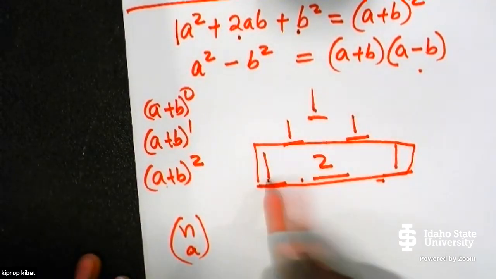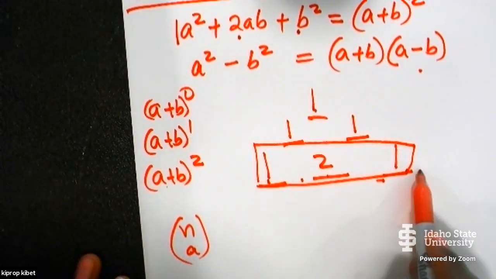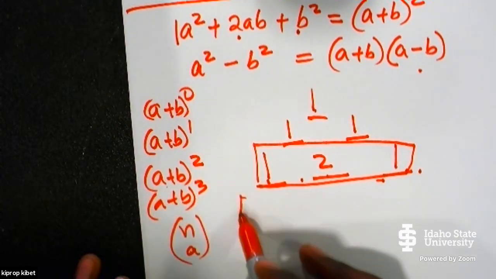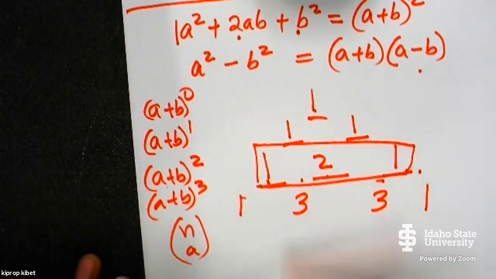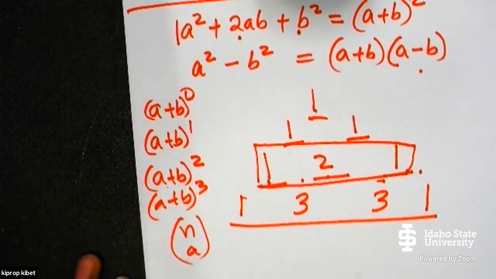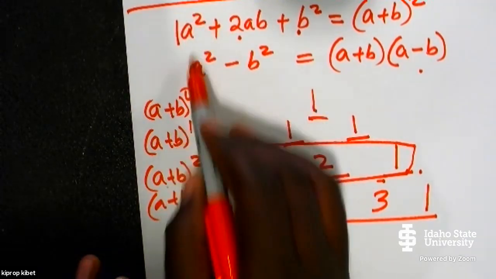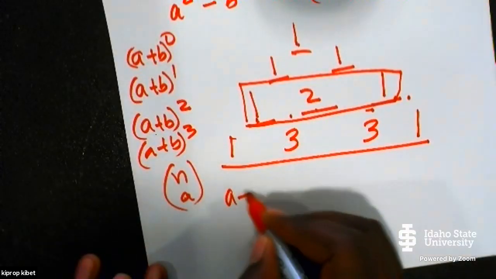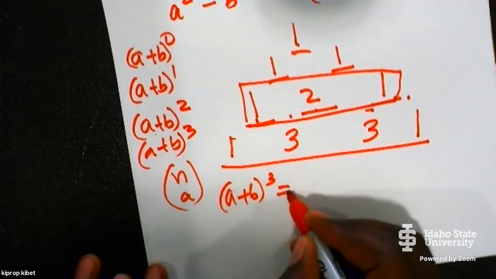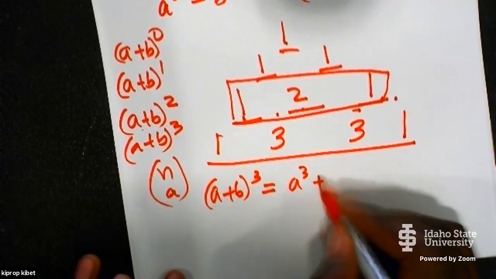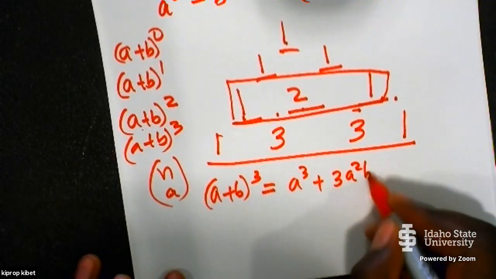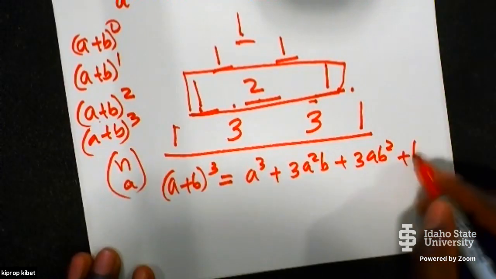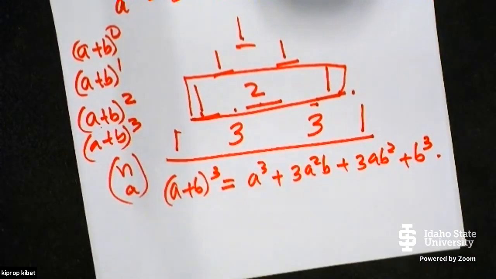If it is a plus b cubed, then it is 1, 3, 3, 1. So a plus b cubed equals a cubed plus 3a squared b plus 3ab squared plus b cubed.